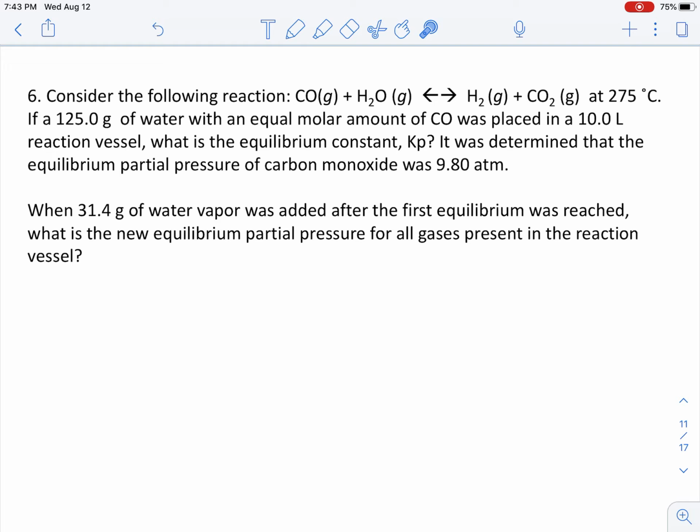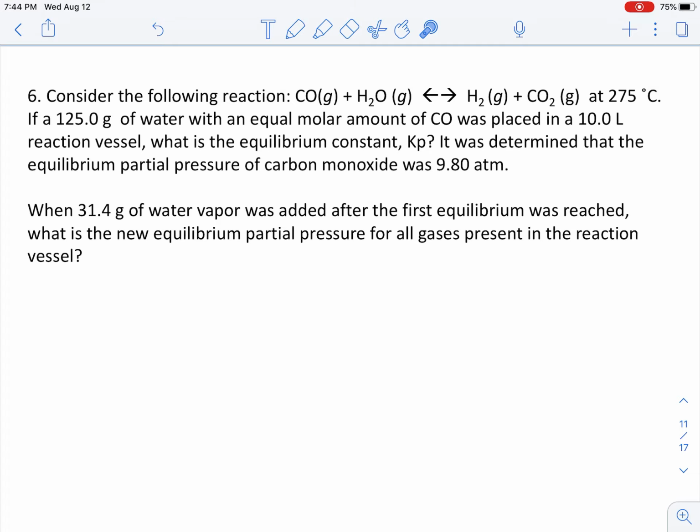And so this last example is pretty significant because we're going to finally see how the partial pressure of the reactant is going to be converted using PV equals nRT. And we'll go through that when we work through this problem.